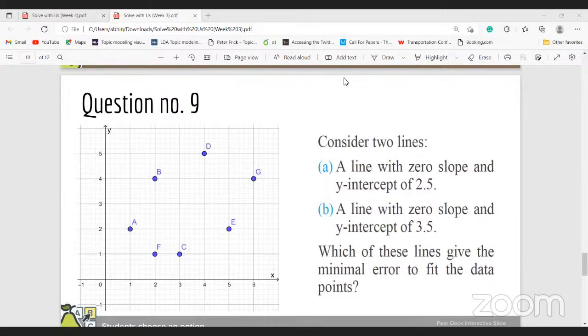Sir, line 1, I think. Line 1 will be good. Okay, let us solve it, then we will find out. So what is the question?